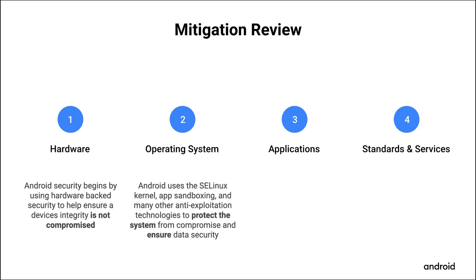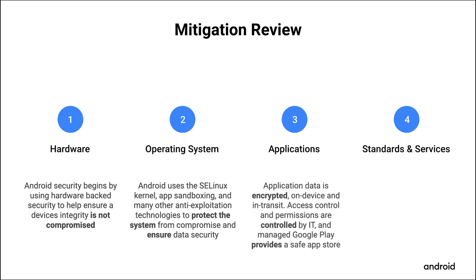We implement things such as application sandboxing and many other anti-exploitation technologies to prevent an exploit that even gets on a device from reaching a vulnerability. So it protects the system from compromise and ensures that the data is secure.